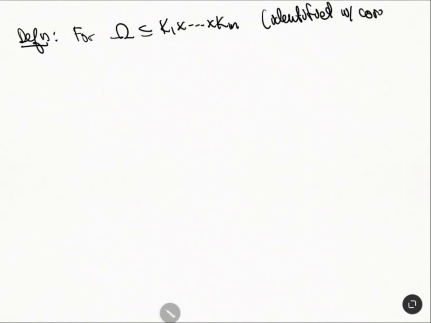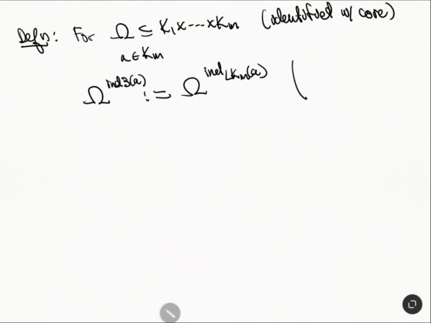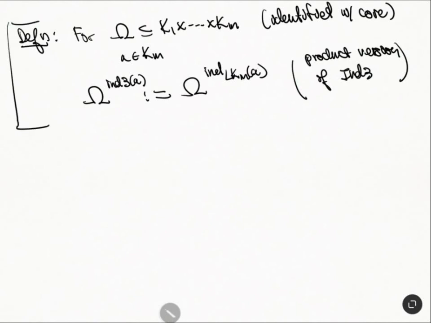For omega, a subset of K1 cross Km, identified with the core, and A in Km, we define omega of Ind3 of A to be equal to omega of the indeterminacies of that diagram LKM of A. So this is the product version of Ind3. Okay, so that's what we have here.